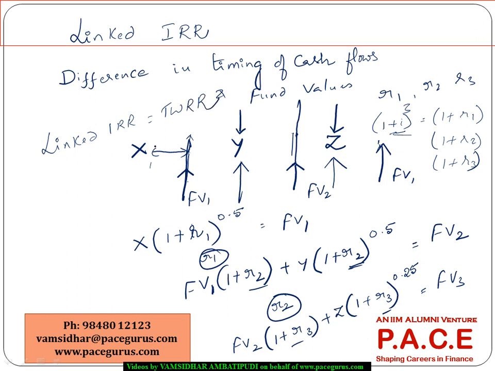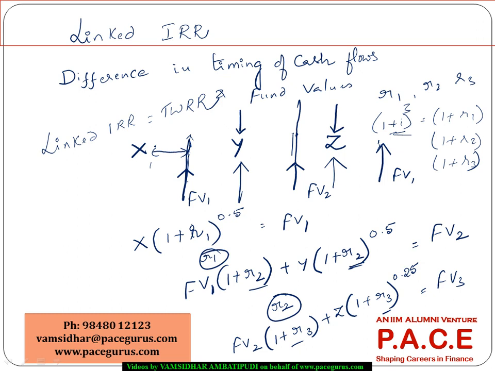So especially if there is a difference between the timings of the cash flow investment and the computation of the fund value, then we have to use this concept of linked IRR. But if both of them are one and the same, then we can look at it as the time weighted rate of return itself.